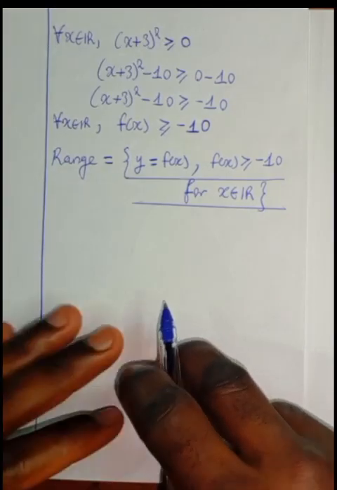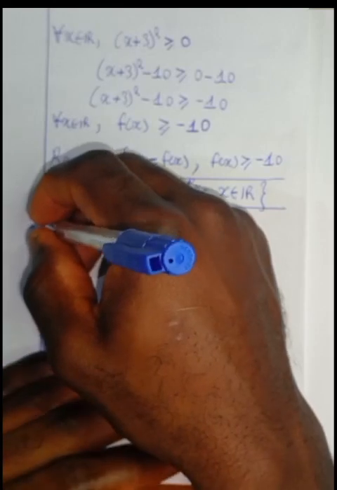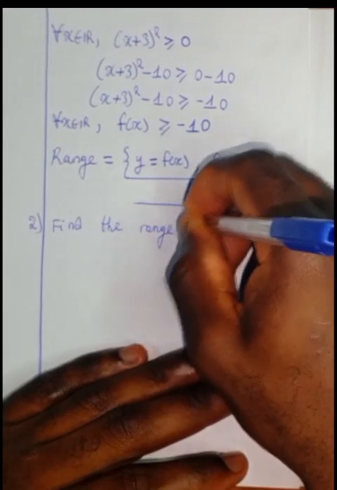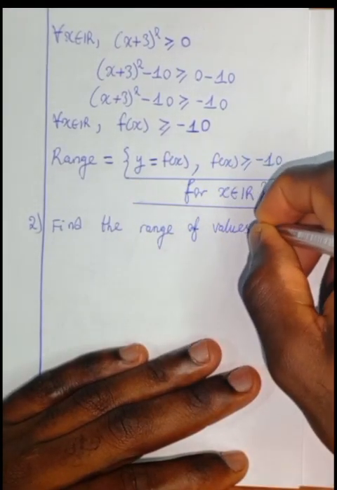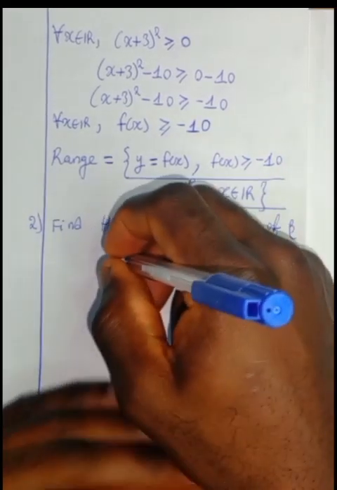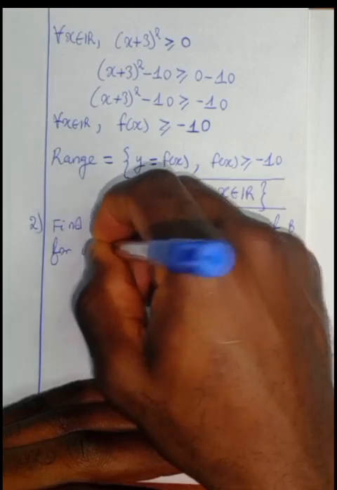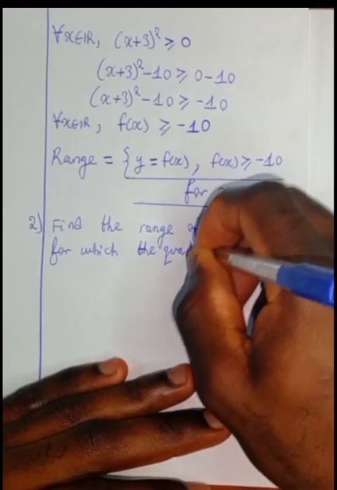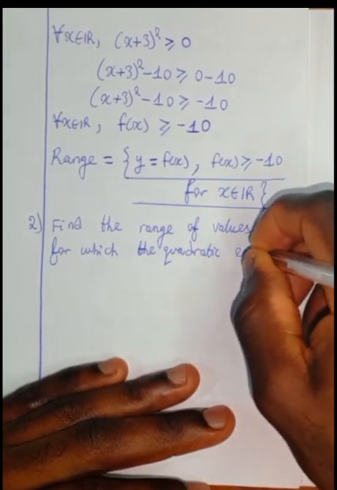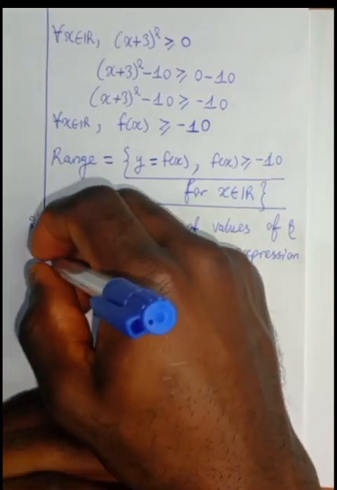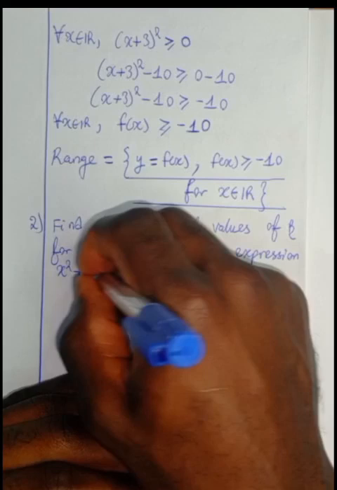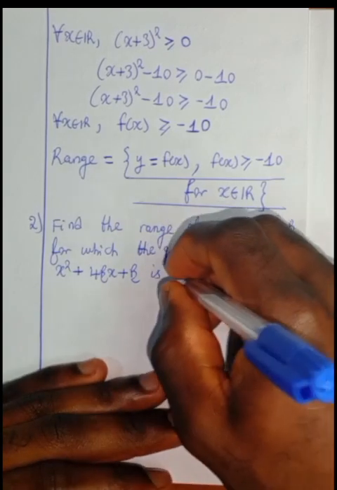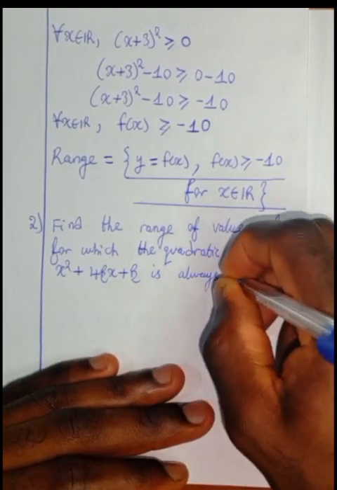We move now to the next example, example 2, which says: find the range of values of beta for which the quadratic expression x squared plus 4 beta x plus beta is always positive.